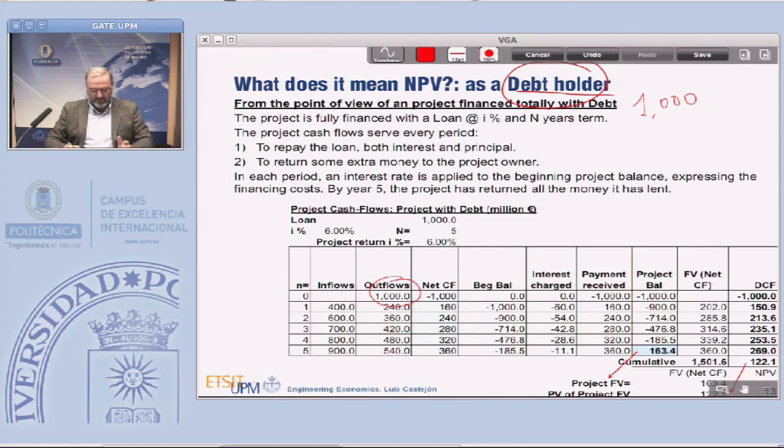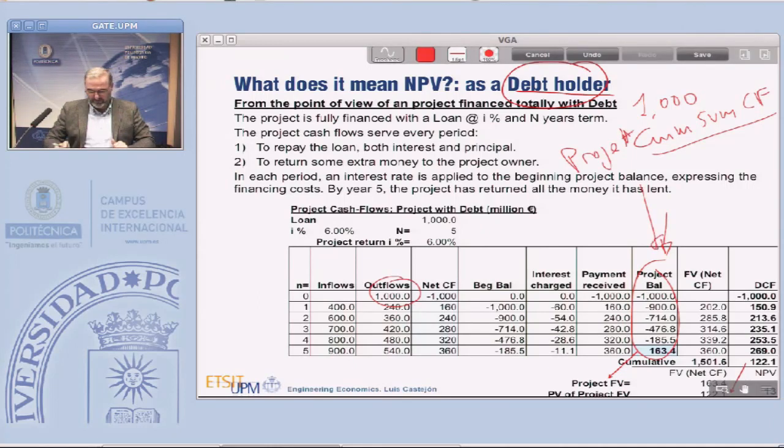In this case, we are comparing not with the deposit, but with a loan in the bank. What we are going to use is the cash balance of the project, which is this one. This column will be the cumulative sum of cash flows. This is the project balance.